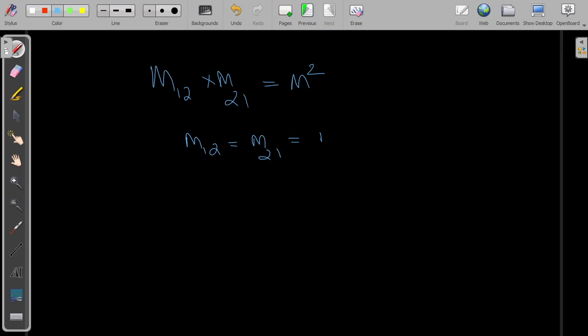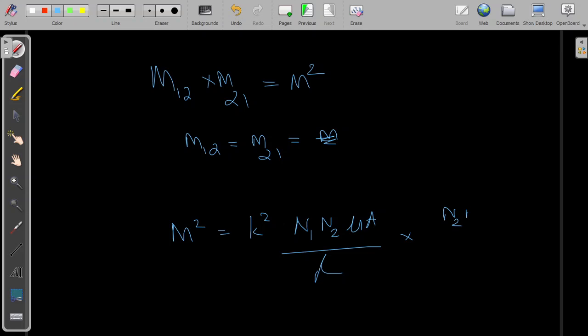So this M square is given as K square N1 N2 mu A by L into N2 N1 mu A by L.